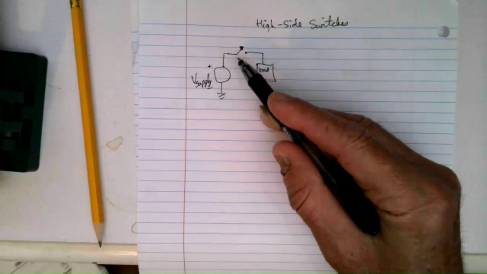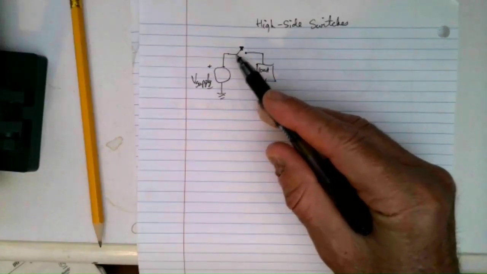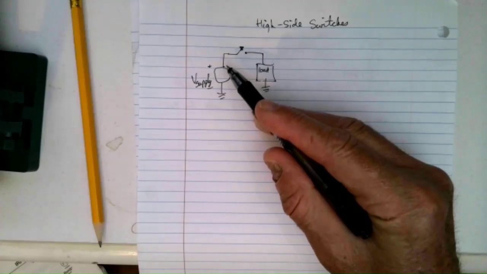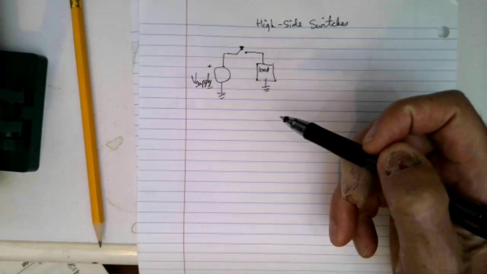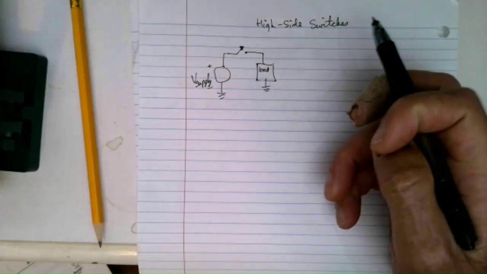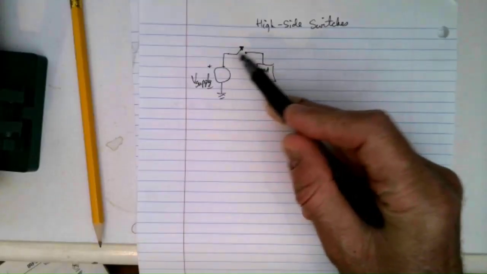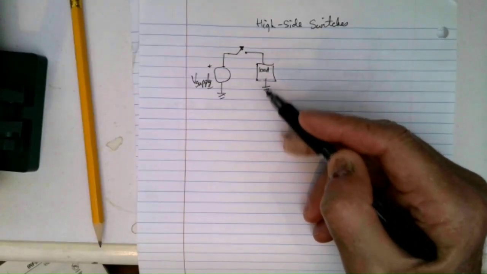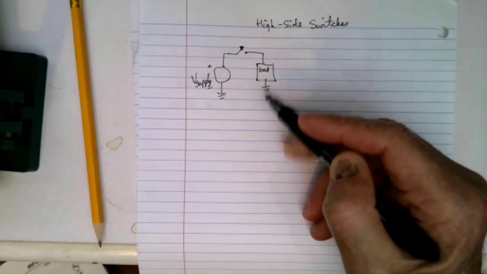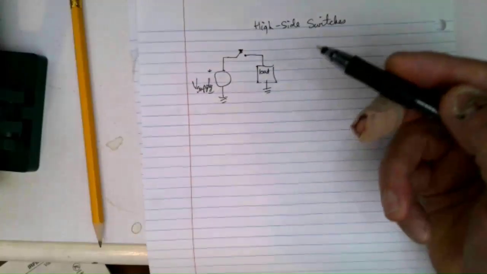By high side switch, we mean just a switch that's in series with the high side, or the non-grounded side, of the power supply. As opposed to a low side switch: suppose this was connected here, and then we broke this connection and put the switch in the ground leg of the load. That would be what they call a low side switch.